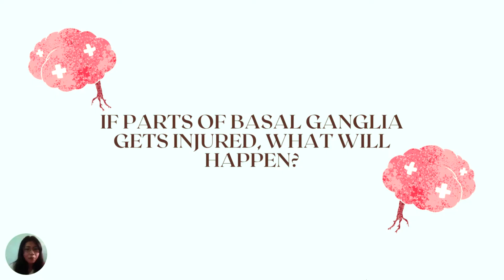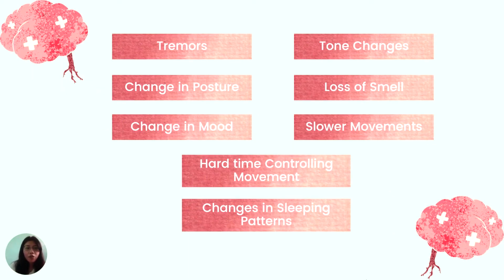So, question. If parts of basal ganglia gets injured, what will happen? Kahit isa man sa kanila yung ma-injure, anong mangyayari? So, a person can have tremors, change in posture, which is yung change ng shape ng body nila, change in mood, kagaya nga ng sabi ko kanina, kapag yung nagkulang ng cells sa dopamine, sa substantia nigra, nagkaka-depression.